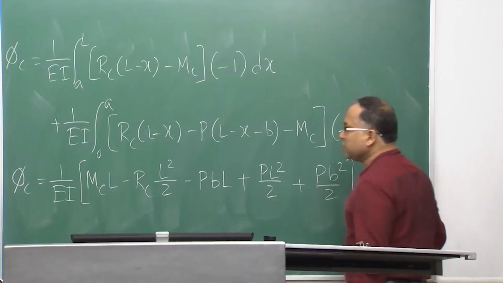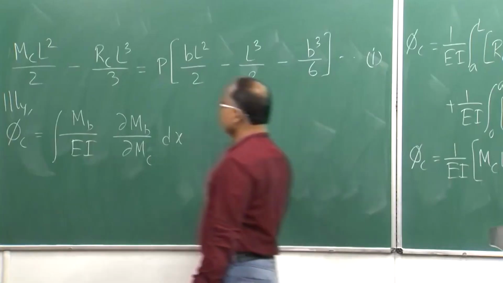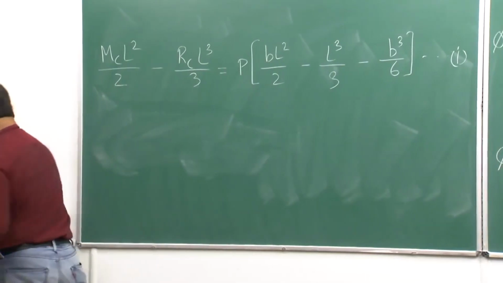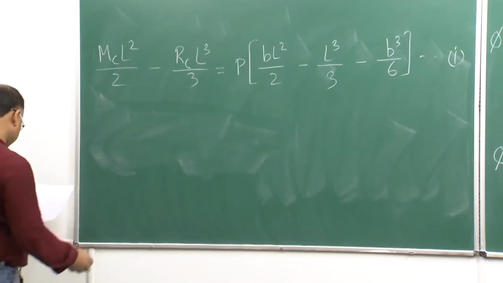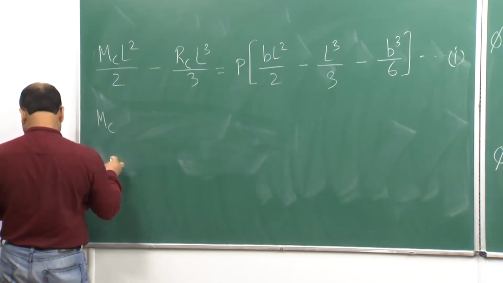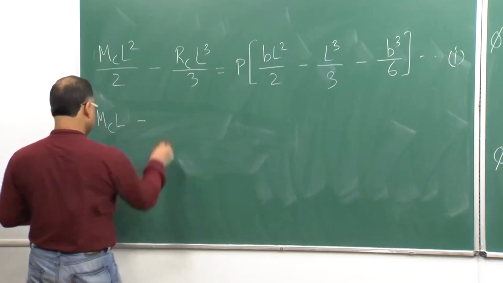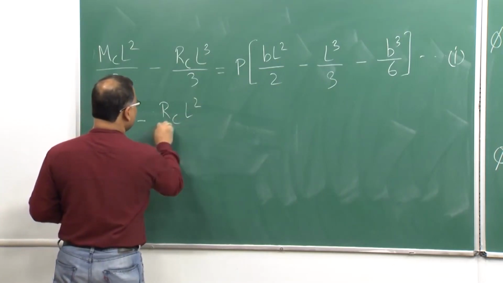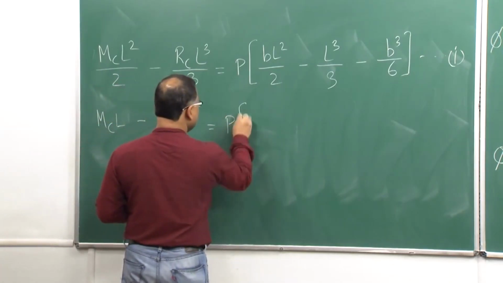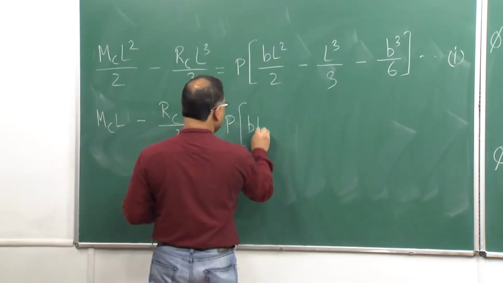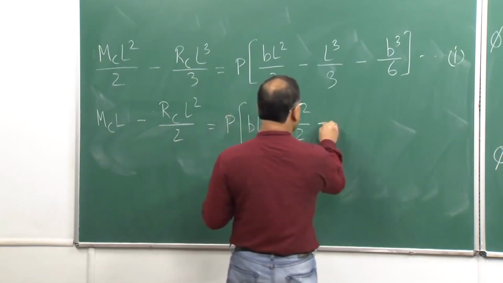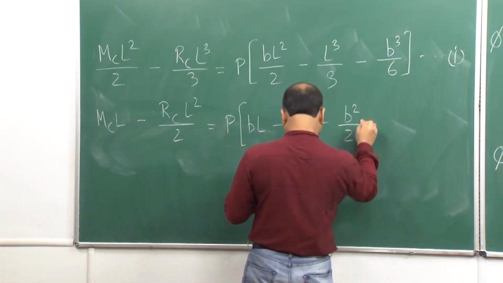So, if you put that equal to 0, then you will be getting another equation, very similar to this, which will be MC L minus RC L square by 2 equal to P into (BL minus L square by 2 minus B square by 2).